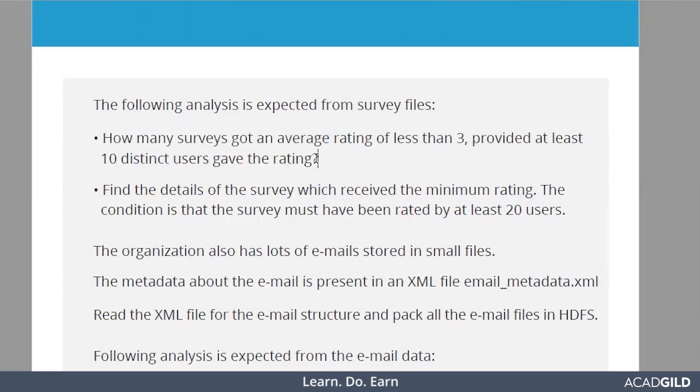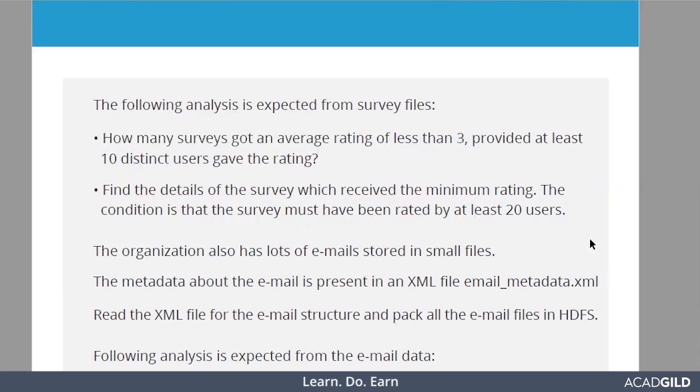It's not like a single user gave the rating, so at the end the survey's rating is less than 3, you need to print. No, it's not that. At least 10 distinct users should have given the ratings, and out of that the average rating should be less than 3. So how many such surveys were there?